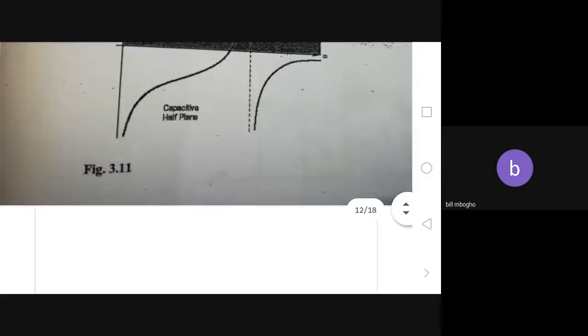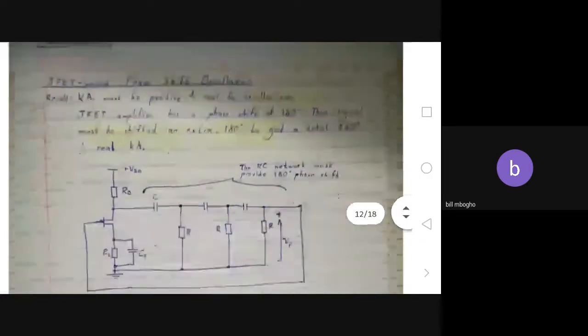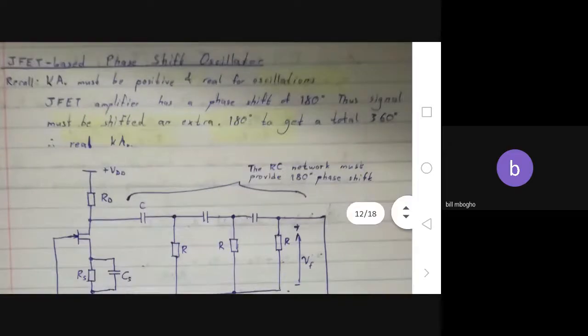Okay, and then there was this question from class. It's similar to what we had in our labs, something to do with the phase shift oscillator. It was a BJT based one. This one is a JFET one. So this is the circuit.